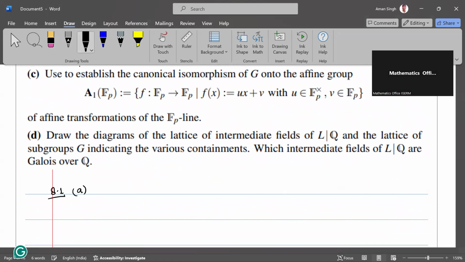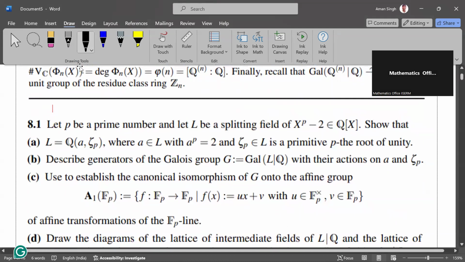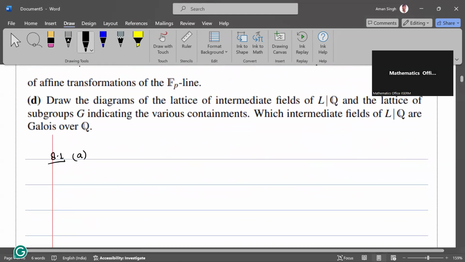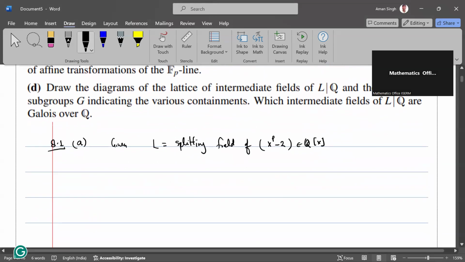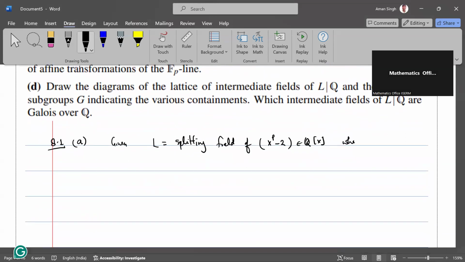Part A. What is given is that L is the splitting field of x power p minus 2, where p is a prime number. So how to do this?